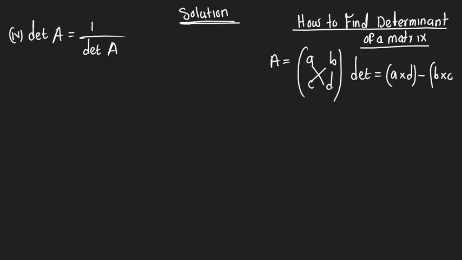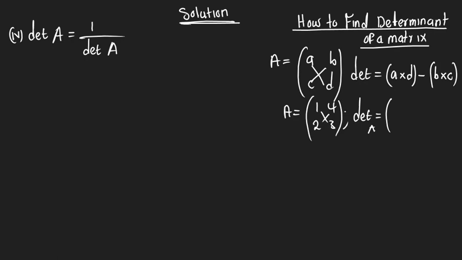B times C, right? So if you've got A is equal to 1, 2, 4, 3, then to find the determinant of A, you cross multiply for a 2 by 2 matrix.